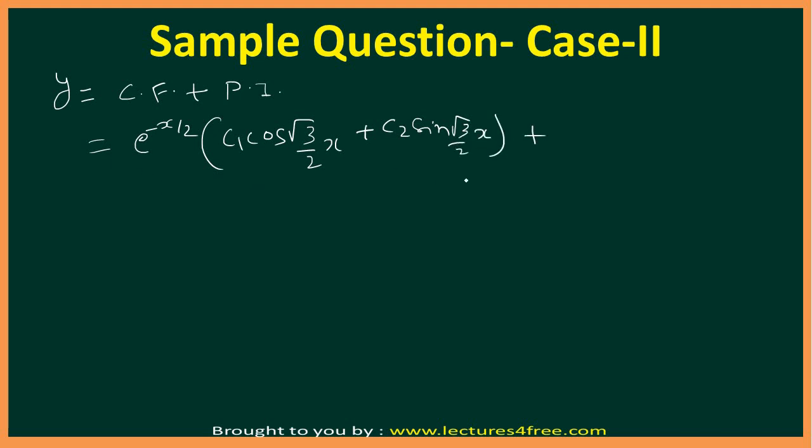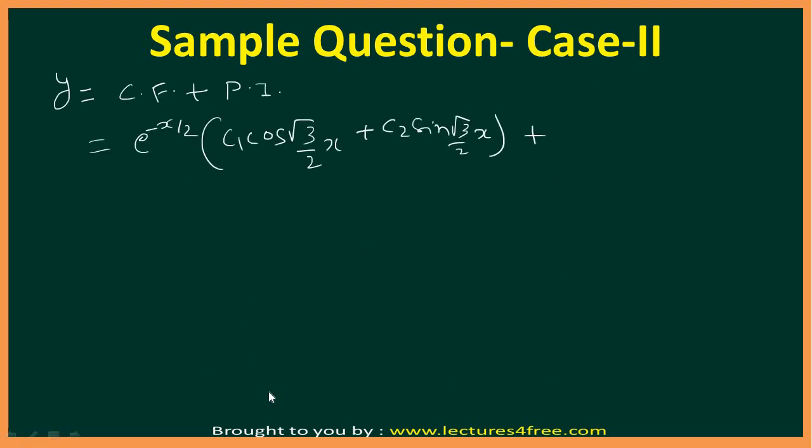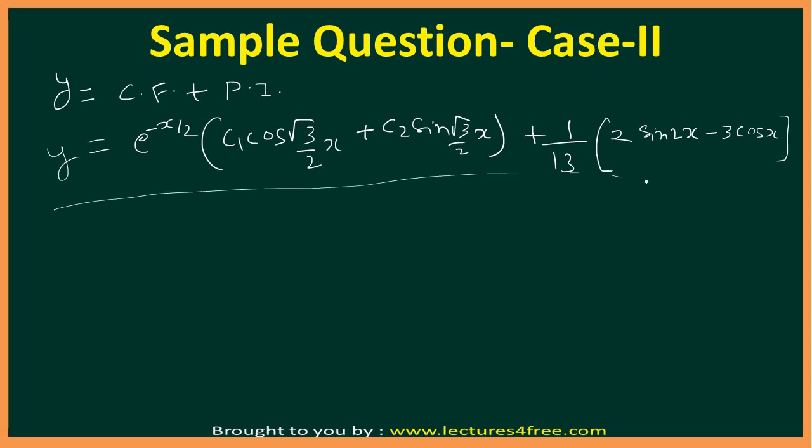Plus the particular integral, which is 1 by 13 times 2 sin 2x minus 3 cos 2x. Now you have both terms, and this will be your final answer.